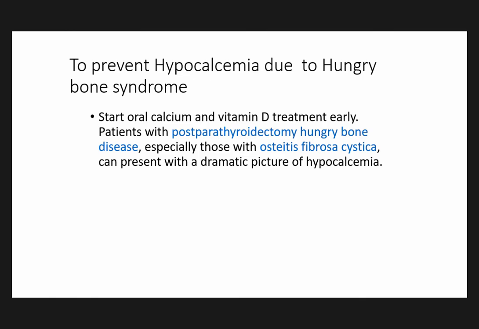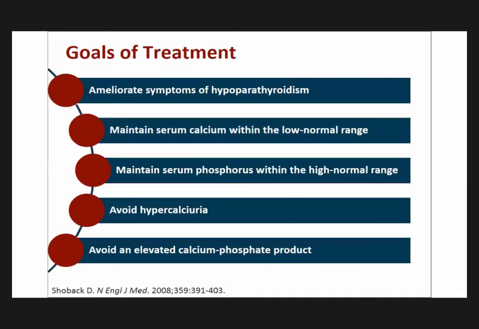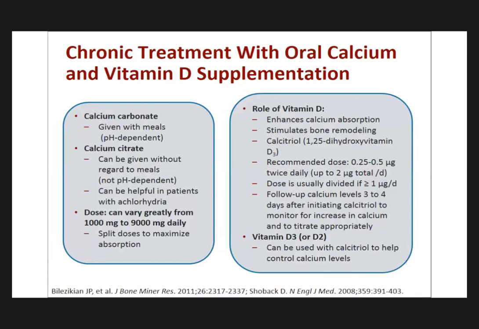So hypoparathyroidism nowadays we treat with the help of calcium and vitamin D. Our goals of treatment will be to remove muscle cramps, to maintain serum calcium in the low or normal range, avoid hypercalciuria, and avoid elevation of calcium phosphate products. Here you see the medications which we use for chronic treatment of this disease.